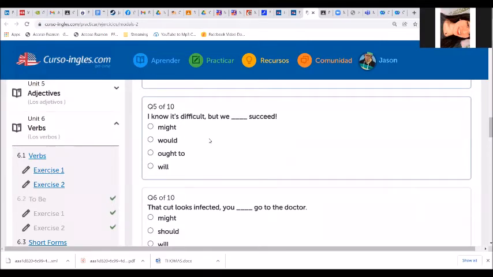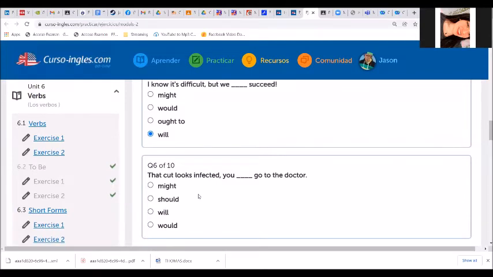In the future, not would, not gustaremos tener éxito, vamos a tener éxito. All right, so that's the future. One more time. I know it's difficult, but we will succeed. Good. Monse Morales, number 6.